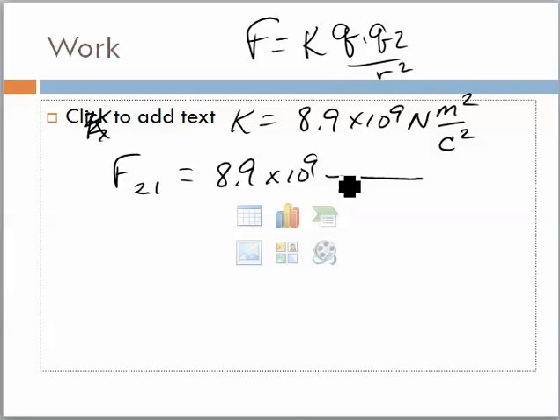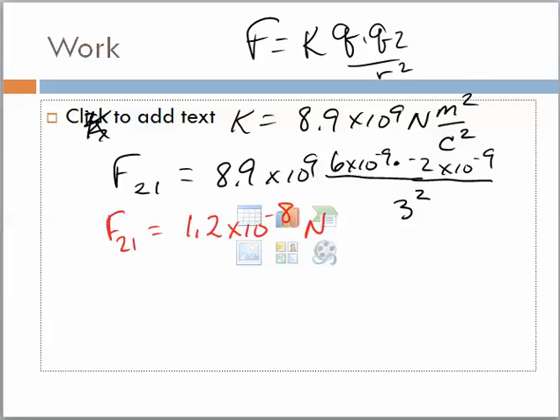Q1 is 6 times 10 to the negative ninth times Q2 is negative 2 times 10 to the negative ninth, and the distance between those two would be 3 squared. And that force turns out to be 1.2 times 10 to the negative 8th newtons.